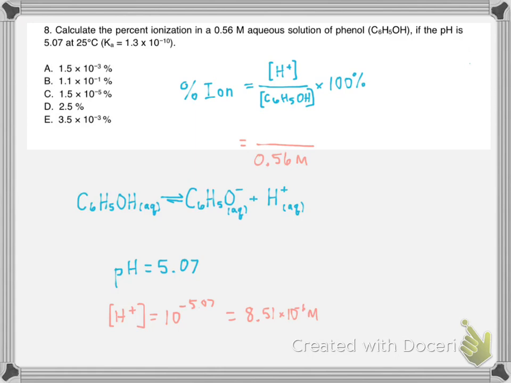So we can bring that number in up here for a numerator. Multiply that ratio by 100% to get our percent ionization, and it ends up being 1.52 times 10 to the negative 3%. So pretty small percentage, and one that happens to correspond to A.